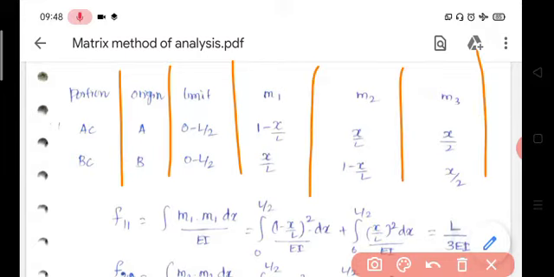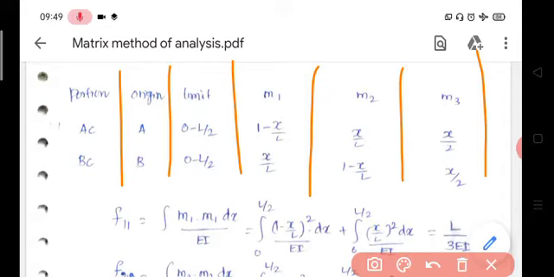In this problem they have shown only 3 coordinate directions, so we can write the table up to M1, M2 and M3. In some other problem it may show only 2 coordinates, so that means we make a table up to M2. Sometimes 4 coordinates means we can write a table up to M4.